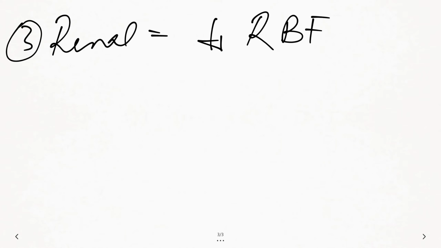So what other system can we mention here? We can mention the renal system. So in the renal system here, you will have reduced renal blood flow. He's in shock, right? And he's in hypothermia.